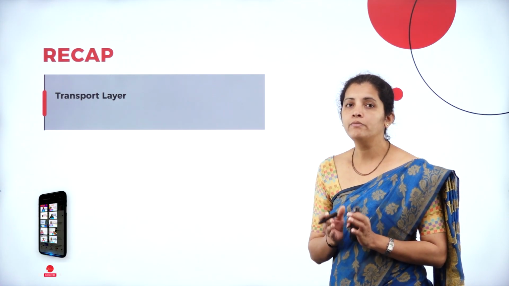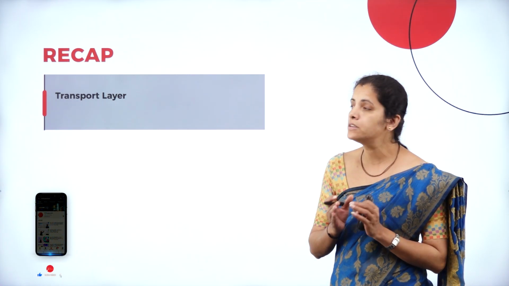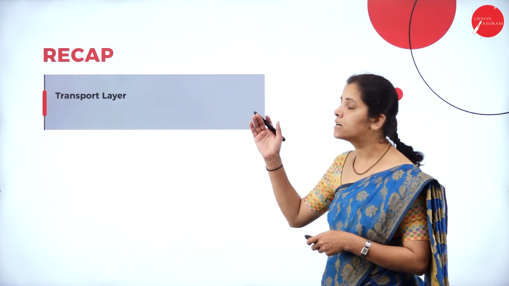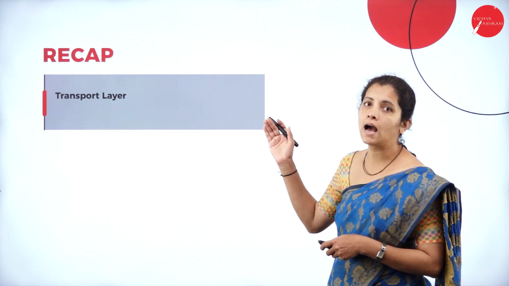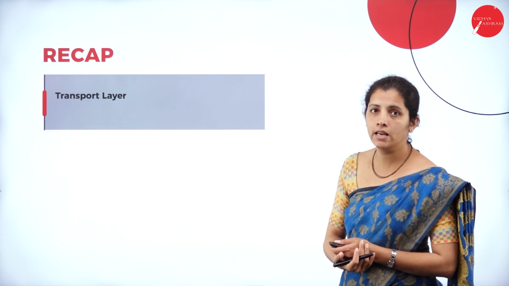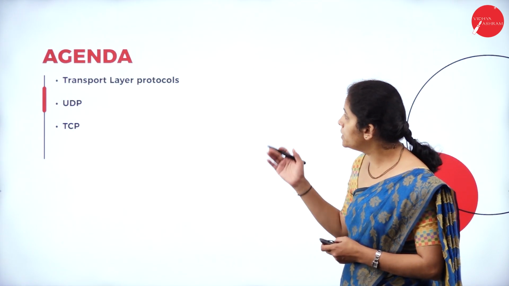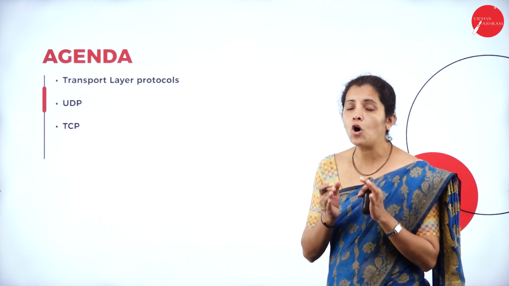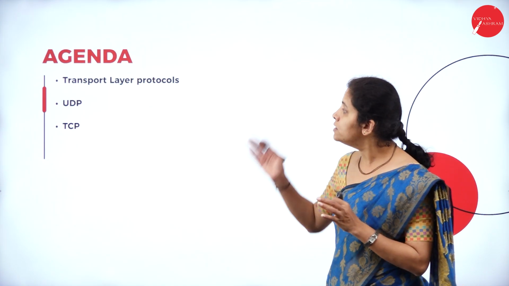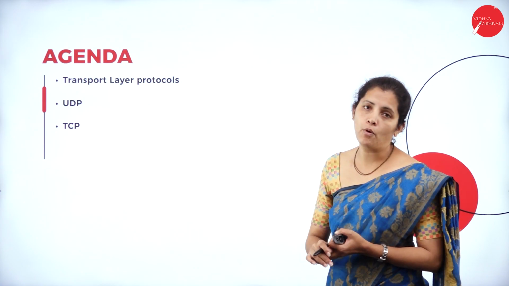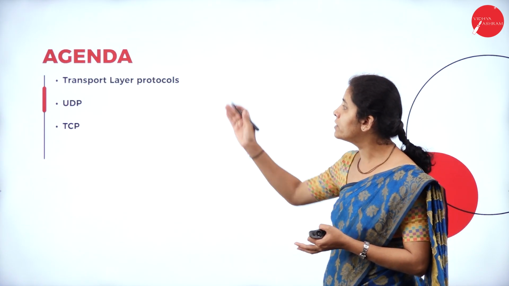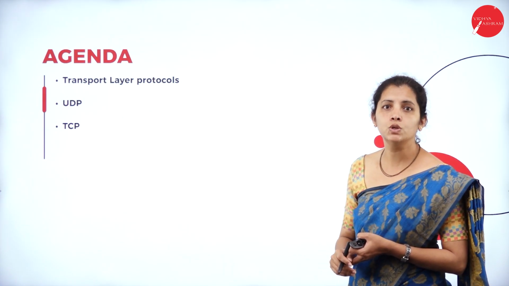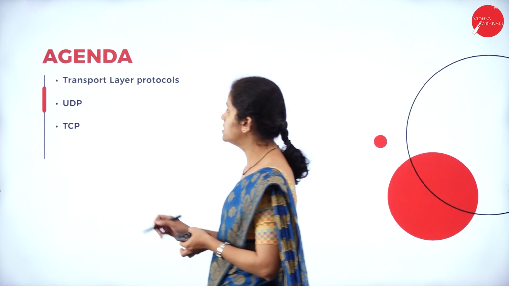In my last class I started with the transport layer. Along with that, we discussed the services provided by the transport layer as well as its features and elements. But in today's session, I'm going to discuss the two most commonly available and very important protocols of the transport layer, that is UDP and TCP.